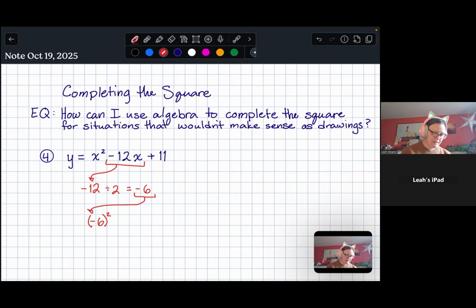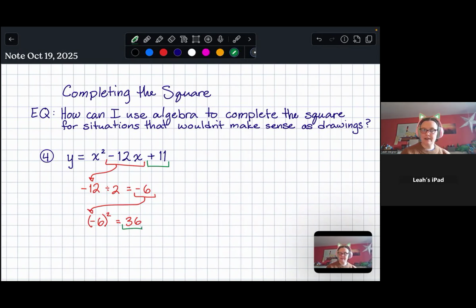So a negative times a negative gives us a positive. 6 times 6 is 36. All right, so that's the number of single unit tiles that we want. That's not the same number that we have. I have 11 unit tiles and I need 36.